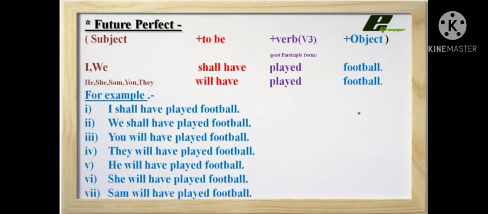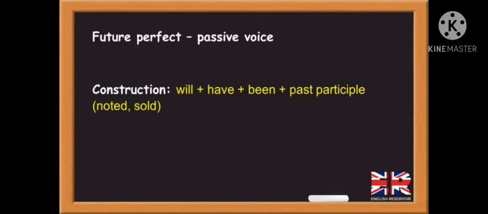This is the sentence structure of active voice. I or we shall have played football. Then he, she, Sam, you, they will have played football. These are the examples.